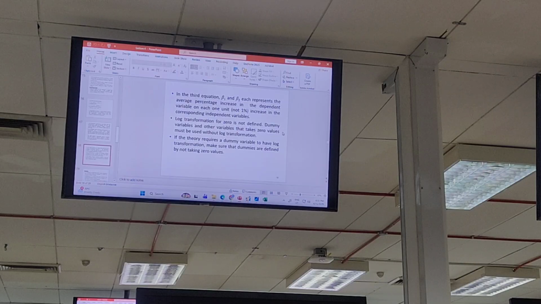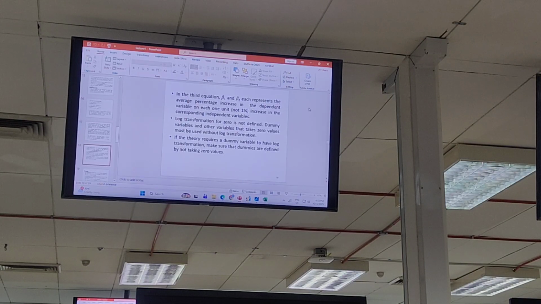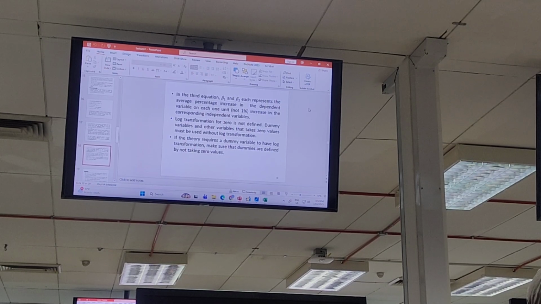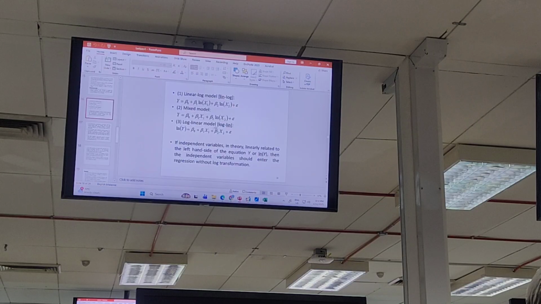So in the third equation, beta 1 and beta 2 each represent the average percentage increase in the dependent variable for each one unit increase in the corresponding independent variable, not percent. So for this one, we interpret it as: when x increases 1 unit, y will increase by that percent.